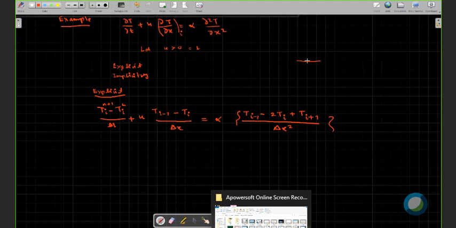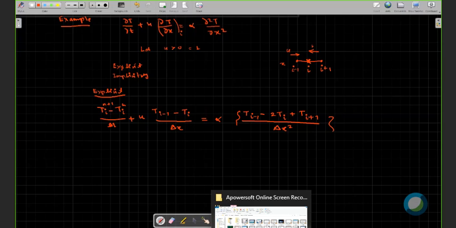Now here, when you are considering this problem at I, the information is coming from the left. Since this is your x direction, information is coming from the left, and you are looking at this point, so you have to consider this. If information is coming from the right, then you have to consider I plus 1. So if u is positive, then it is moving in the positive x direction, so you have to consider I minus 1 and I, that is the backward difference.